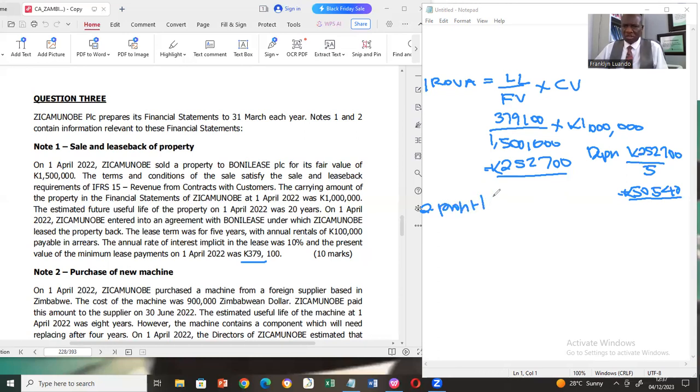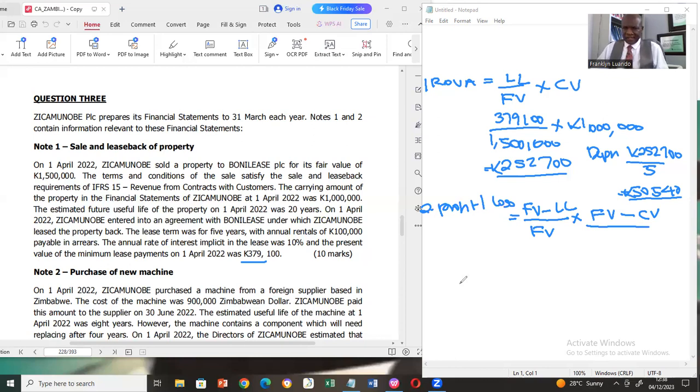Number 2 will be the profit or loss on disposal. This should be the part that has been disposed of. The part that has been disposed of is equal to the fair value less what has been retained, the lease liability, over the fair value, multiplied by fair value less carrying value. That will be the profit.